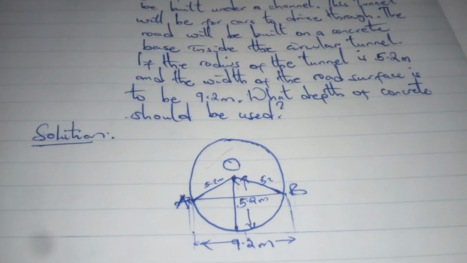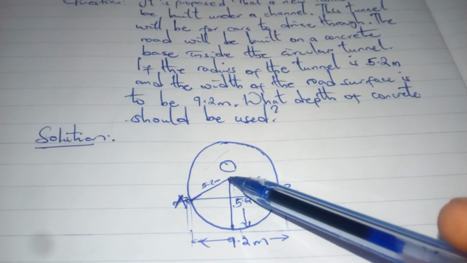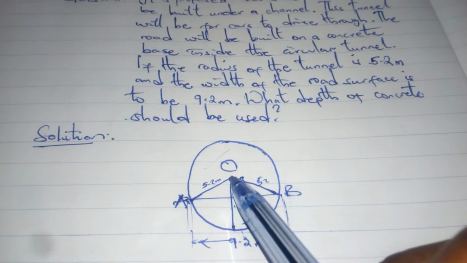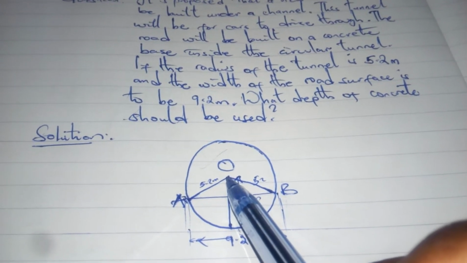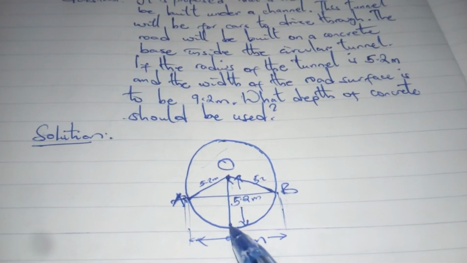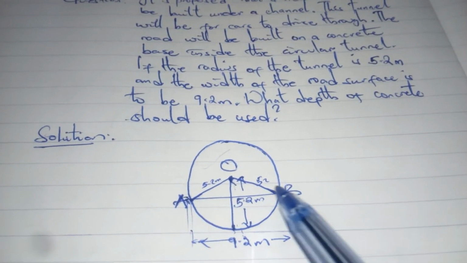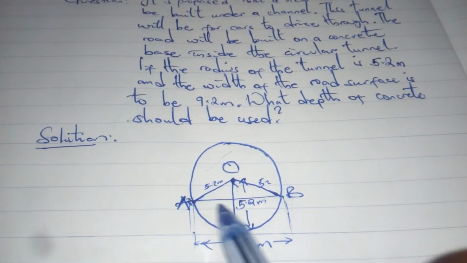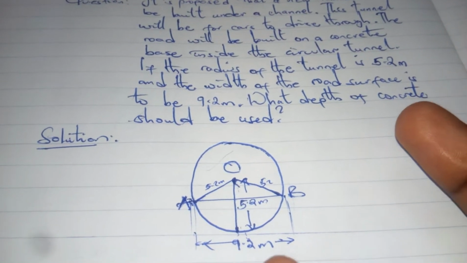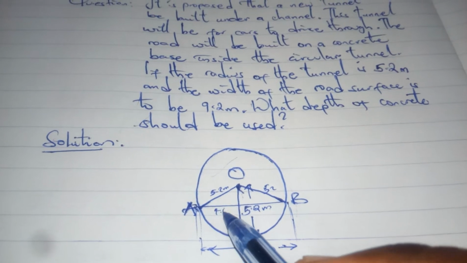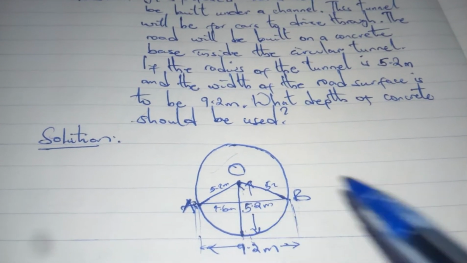So now what next? Remember that this radius, from the center of the circle joining up to that point, is going to cut the road AB into the middle. That means the 9.2 can be divided into two equal parts. That's 4.6 meters, and this side will also be 4.6 meters.